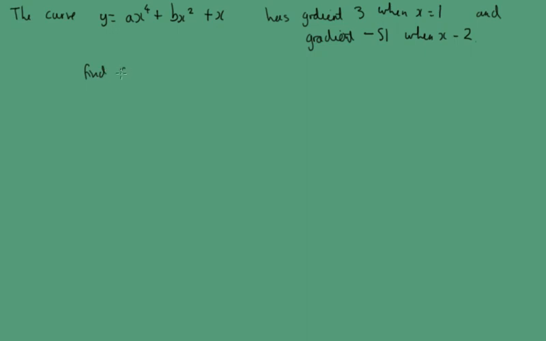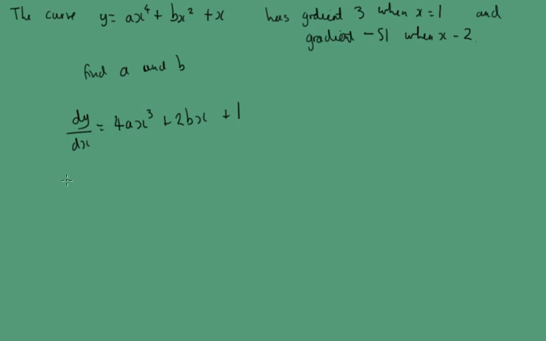Find a and b. First of all, we're going to find the derivative. dy by dx will be 4ax cubed plus 2bx plus 1. So when it's just x, the gradient will be 1.